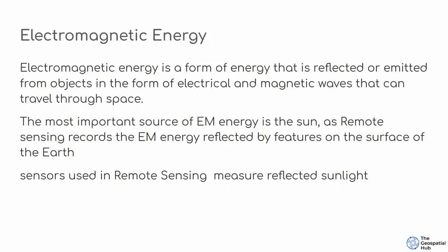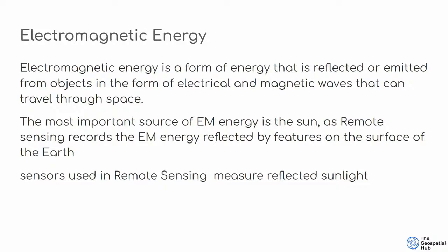And I think it's important to state that all objects above absolute zero temperature radiate electromagnetic energy. This is why electromagnetic energy is so useful to remote sensing. And the sun is the major source of electromagnetic energy.